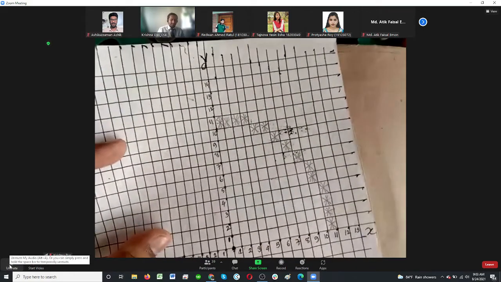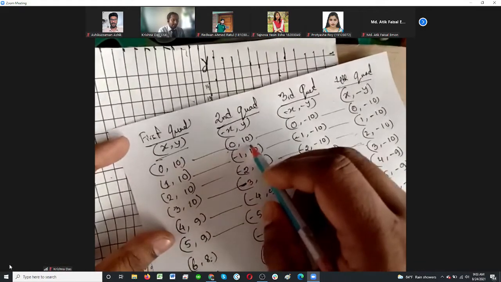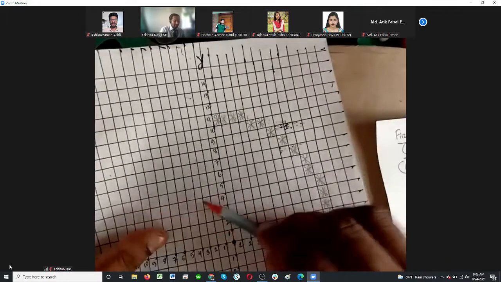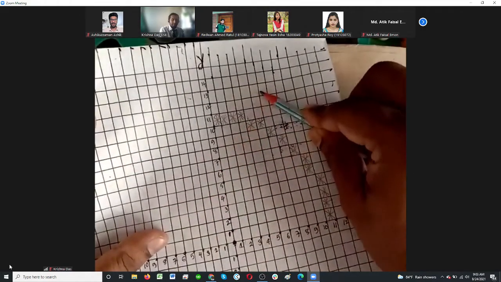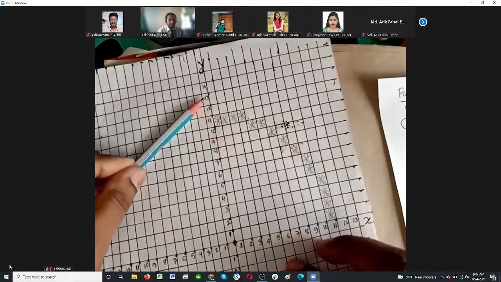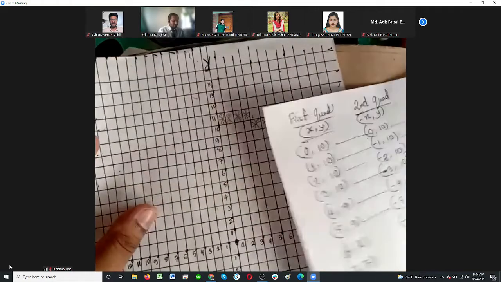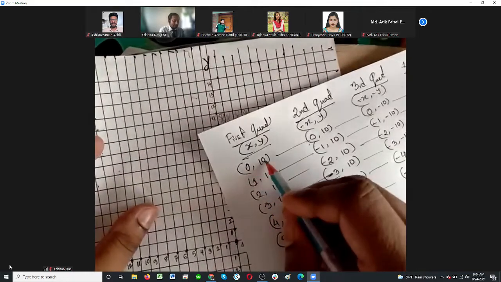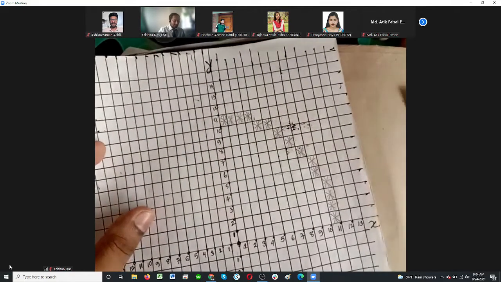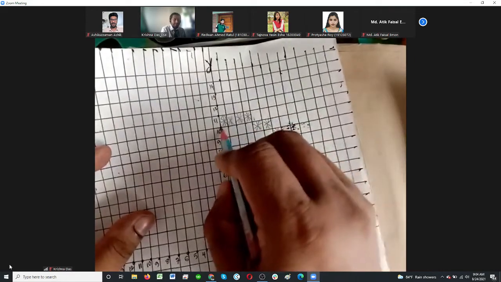Now for the second quadrant, the same point, 0, 10. Now this is interesting. You need to understand, for the first quadrant we move this way from the origin, for the second quadrant we will move this way. So whatever 0, 10 we had in the first quadrant and second quadrant, the pixels are different, even though the coordinate is the same. So this is 0, 10, this point.